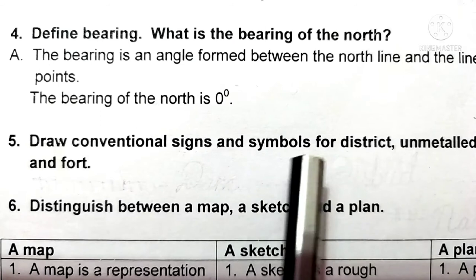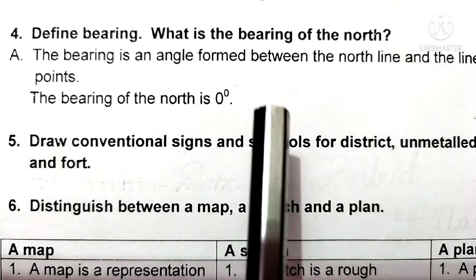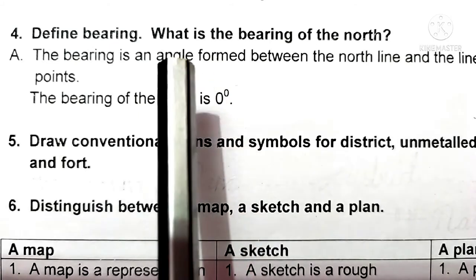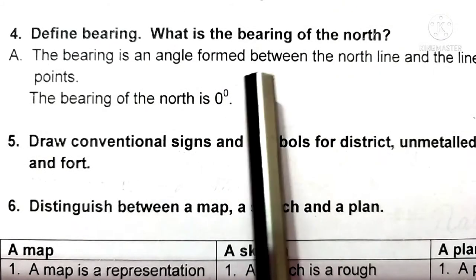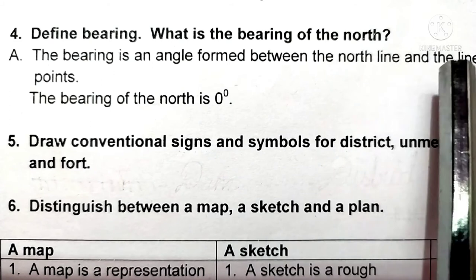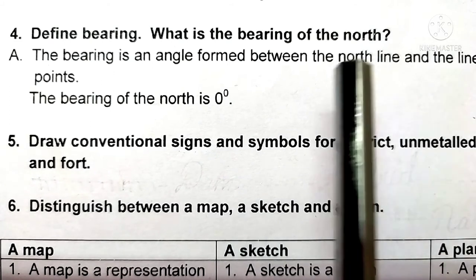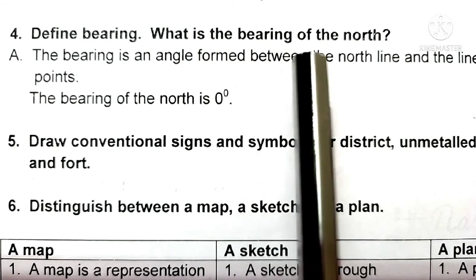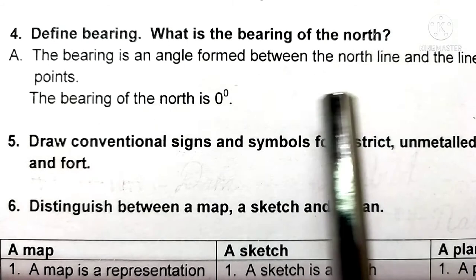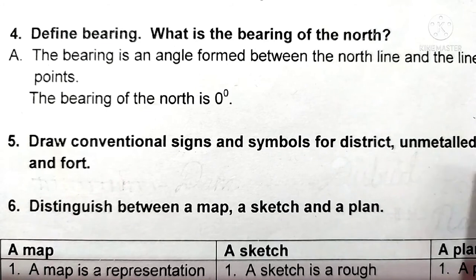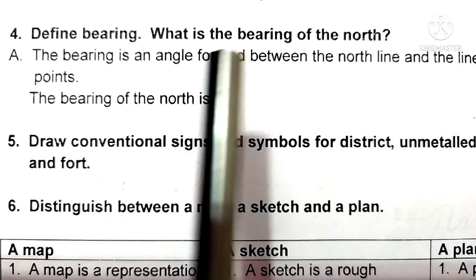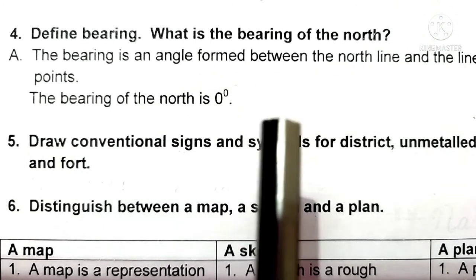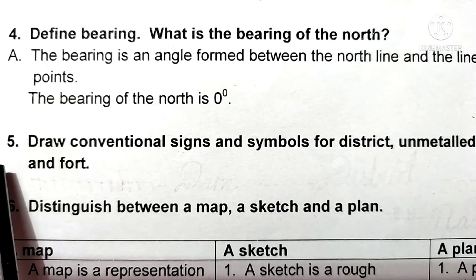In a map, you would have seen an arrowhead marked towards the north pole. That is the north line. So an angle is formed between the north line and the line joining the 2 given points. That is called bearing. The bearing of the north is 0 degree. Next question, fifth one.